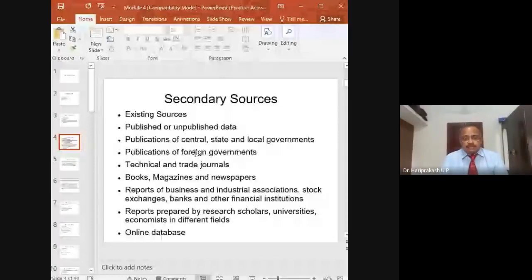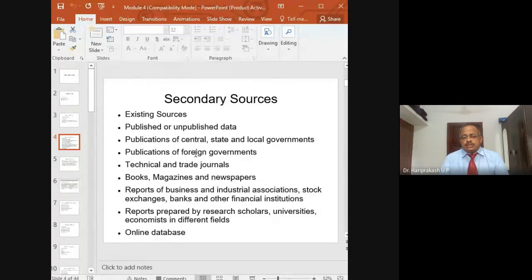A lot of information is recorded and it is published by these governments, right? Publication of foreign governments. Like that, the local governments, state governments, central government, and other countries have their own data published in their periodicals.